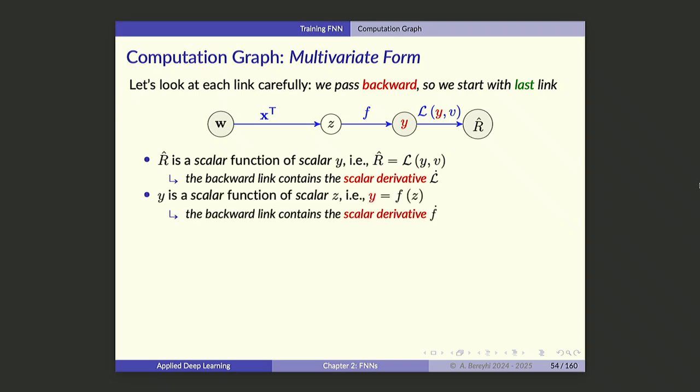Then I would say z is a scalar. y is a scalar. They are related with a function. So the derivative is, again, the derivative of that function f, which is a scalar, right? So that one is, again, easy. But now, what about z and w? z is a scalar, right? w is a vector.